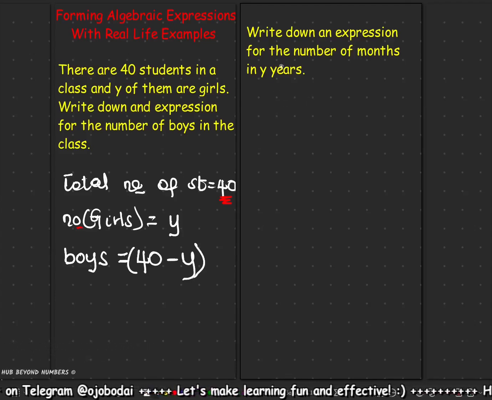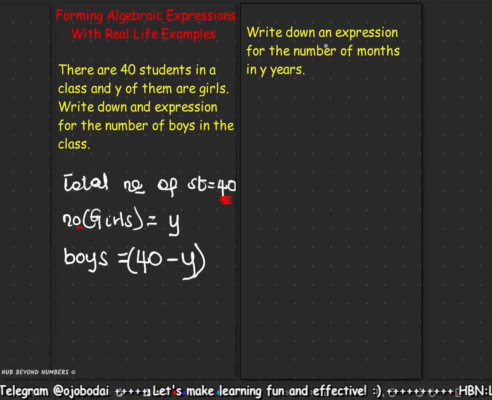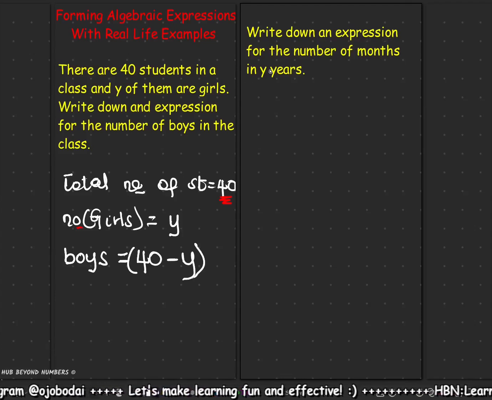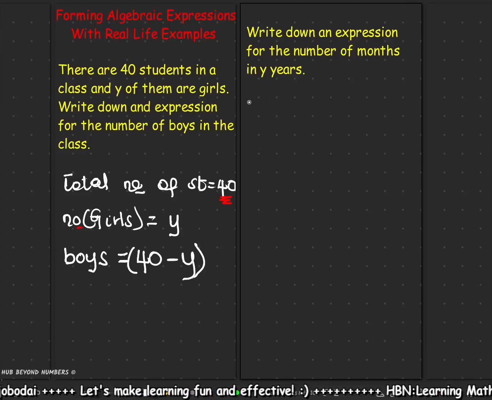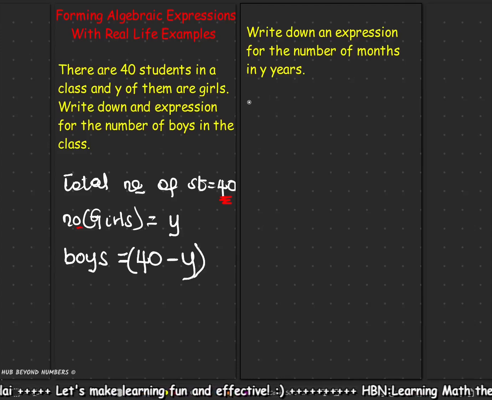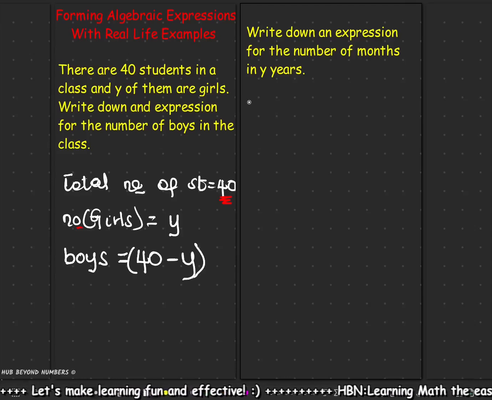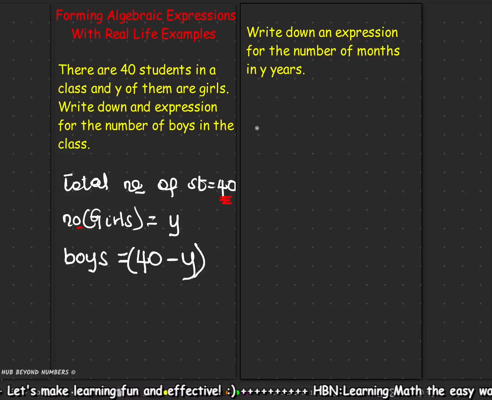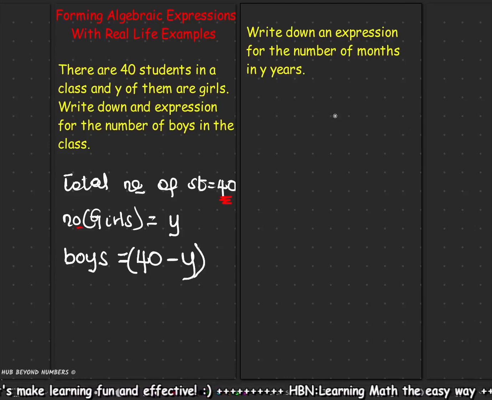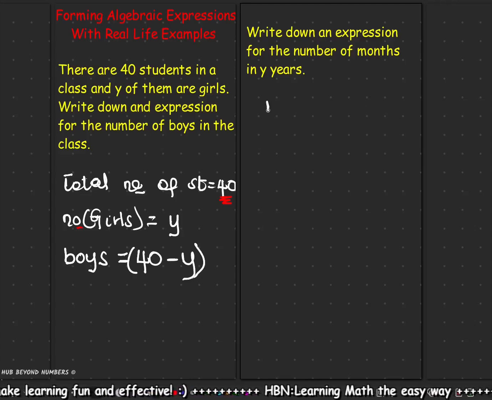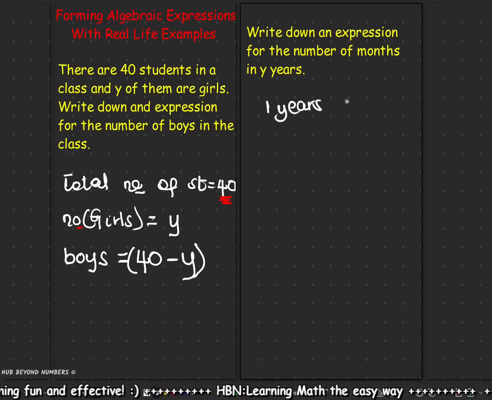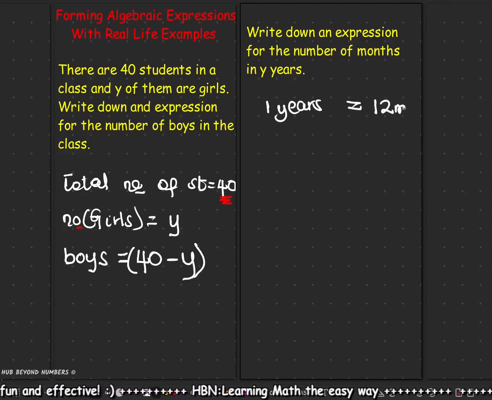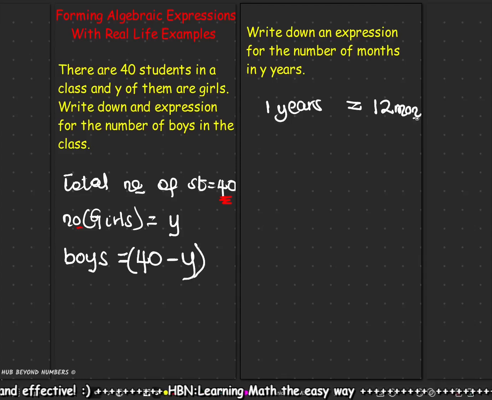Okay, so let's take note of this one here. It says, write down an expression for the number of months in Y years. We know that in 1 year, we have 12 months, right?